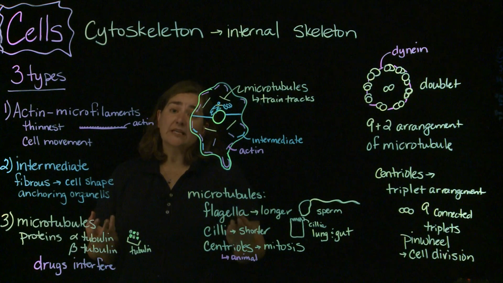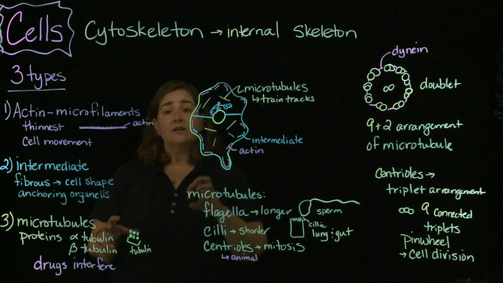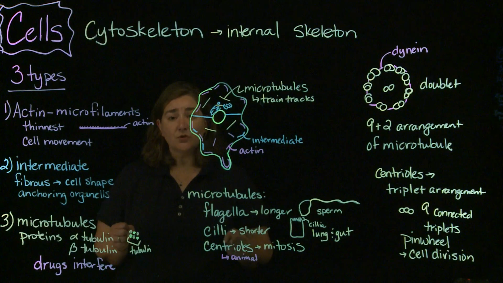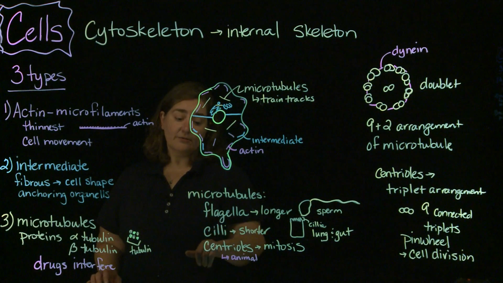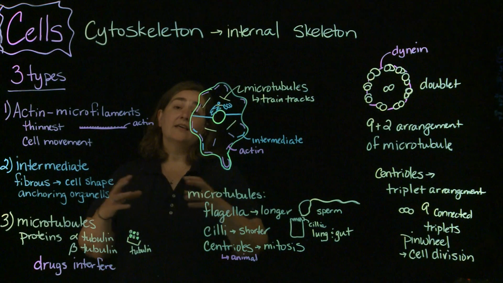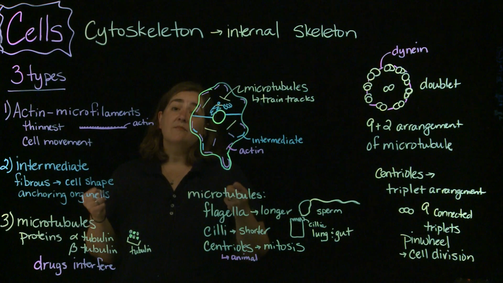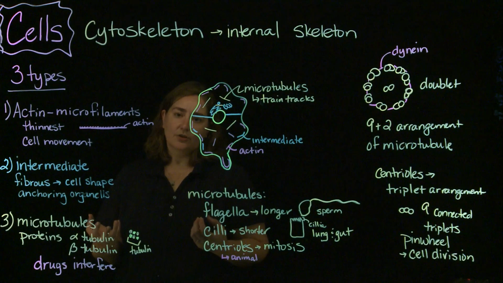How that treats cancer is that cancer cells are growing out of control. So they're going through cell division when they're not supposed to. And what that Taxol does is it interferes with the microtubules and the centrioles in getting that cell to divide, to make more cells. So if the cell can't make more cells, that's how that particular drug treats cancer.